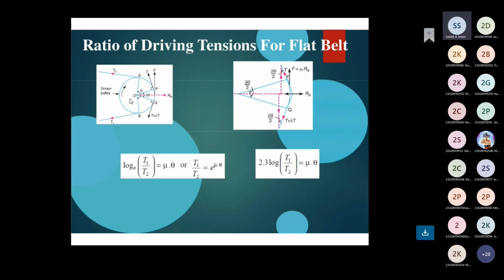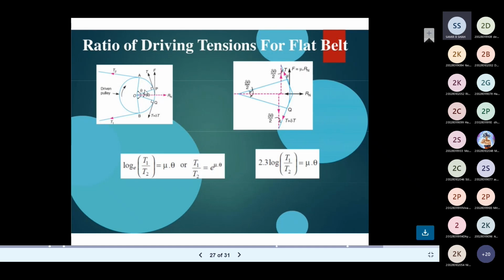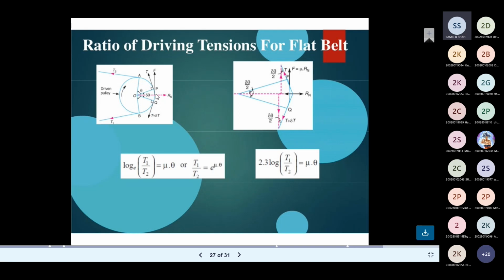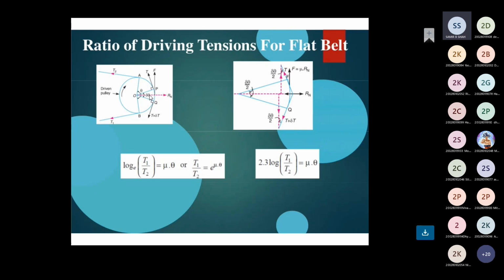The angle of contact, from where the belt starts to touch the pulley, this theta is called the angle of contact in radians. Now we consider a small portion of the belt, PQ, subtending an angle del theta at the center of the pulley.